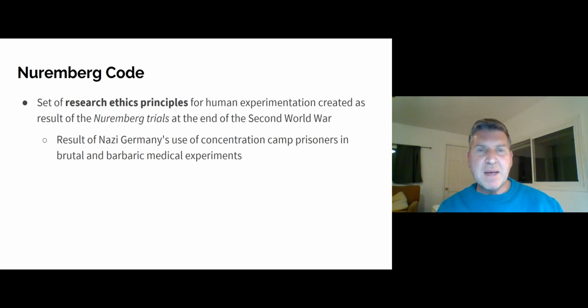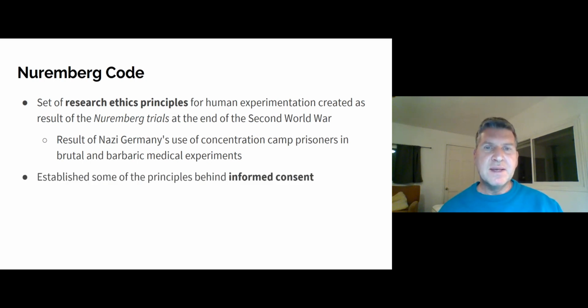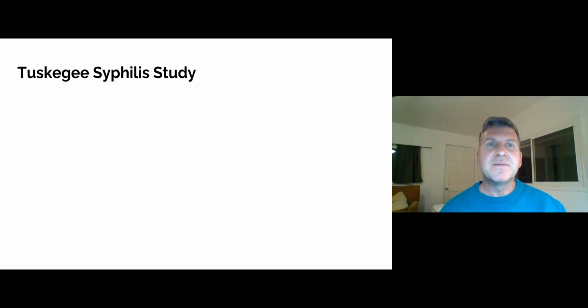Some of them are absolutely horrible to read about, but Nazi Germany used these experiments on prisoners who had no right to say, I don't want to be involved. So there were some principles behind informed consent, which clearly didn't happen in these Nazi experiments.